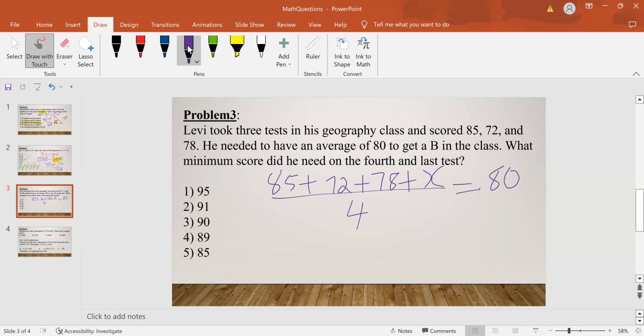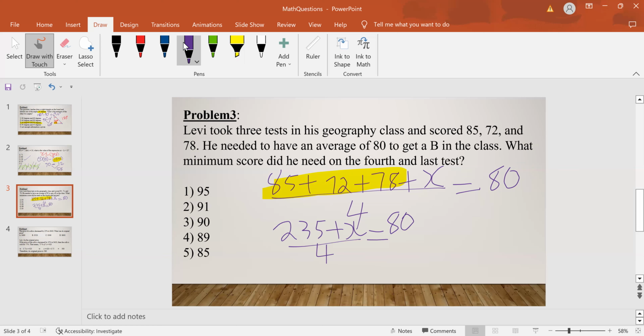Okay, so to find x, we can combine these three grades as like terms. 85 plus 72 plus 78 is 235. So you have 235 plus x divided by 4 is equal to 80.